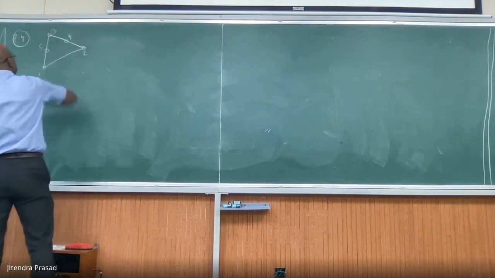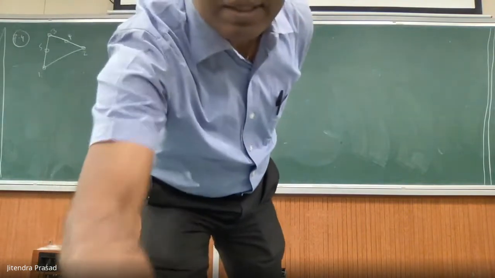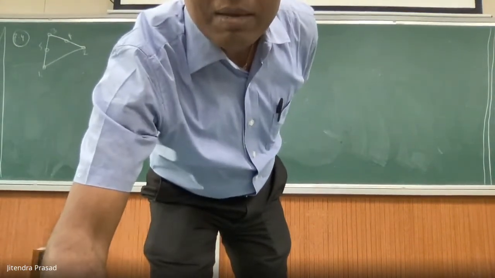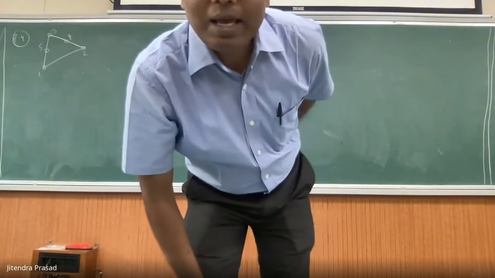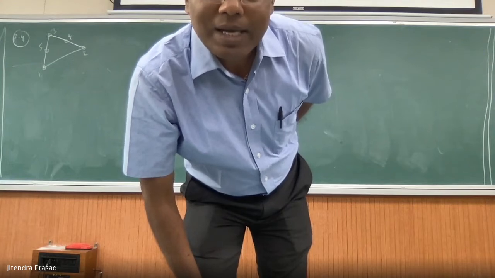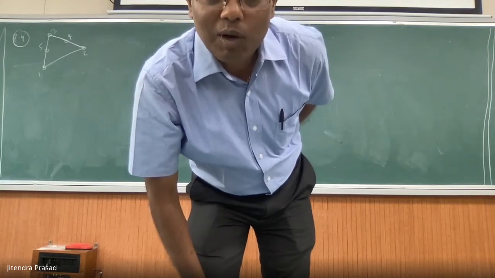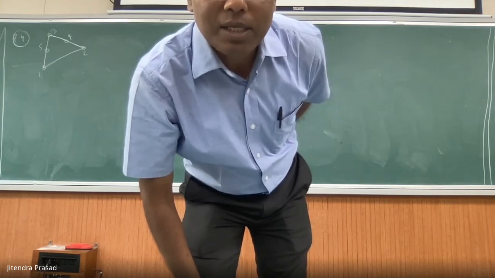It is specifically mentioned that in this element, the edge 1, 2 is linear, and the others are quadratic basically.